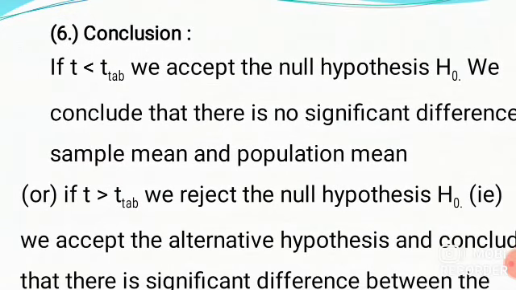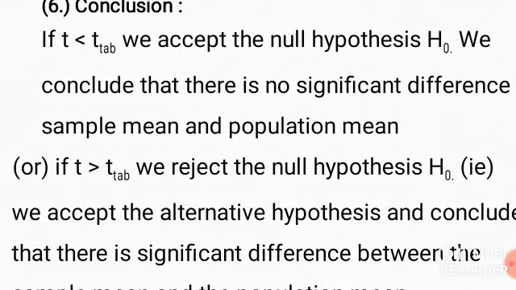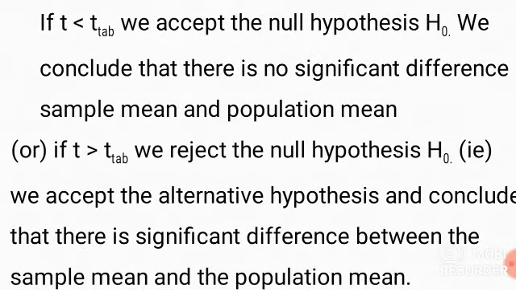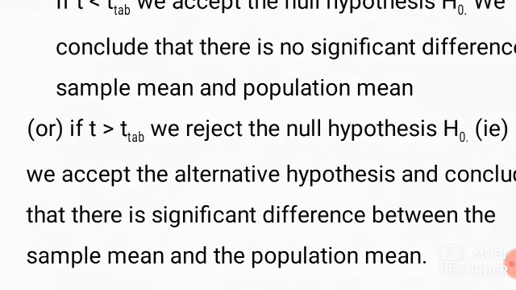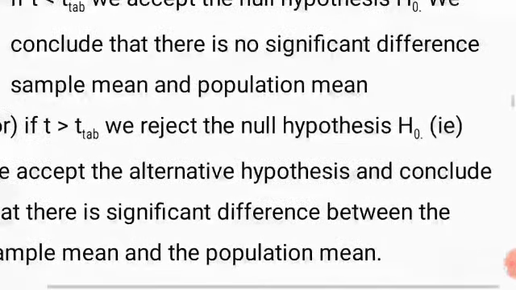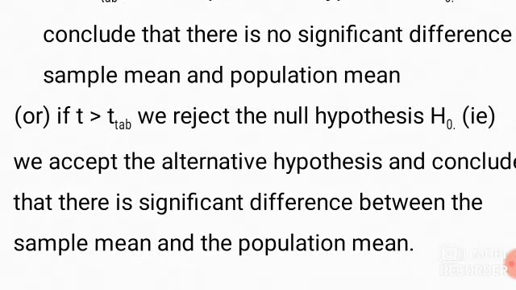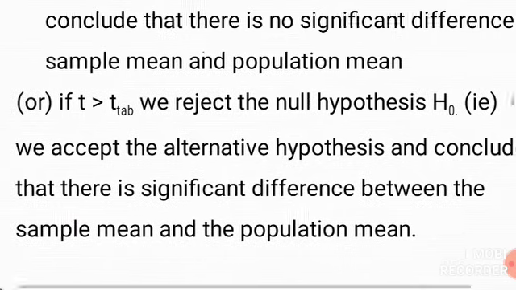Or if calculated t is greater than tabulated t, then we reject the null hypothesis, that is, we accept the alternative hypothesis and conclude that there is a significant difference between the sample mean and the population mean.